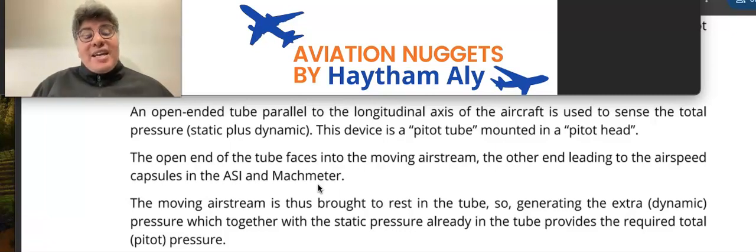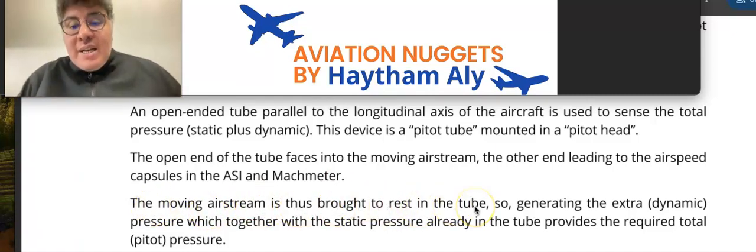The altimeter and the vertical speed indicator are also pressure instruments, but they are static pressure only instruments. Okay, so what does the Pitot do, everybody? The moving airstream is thus brought to rest in the tube.